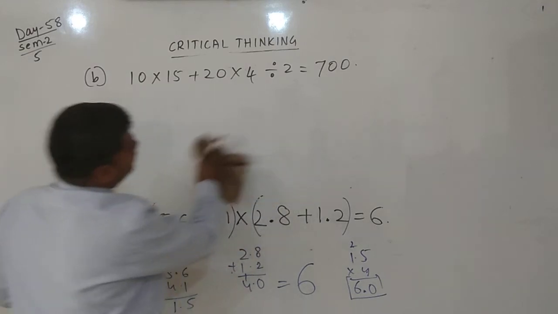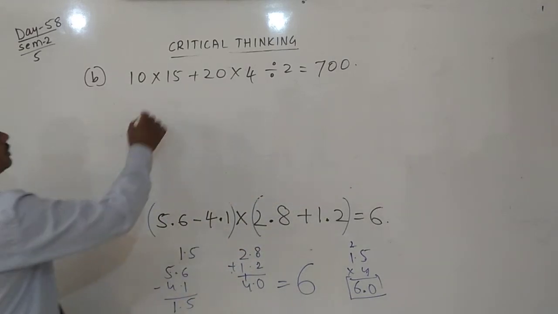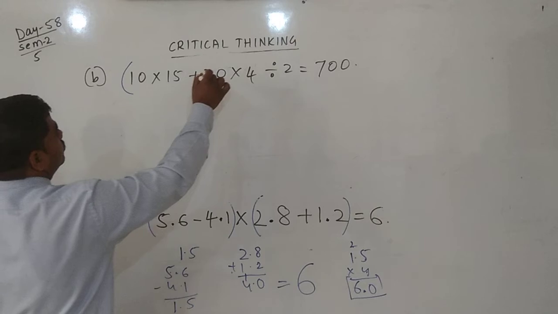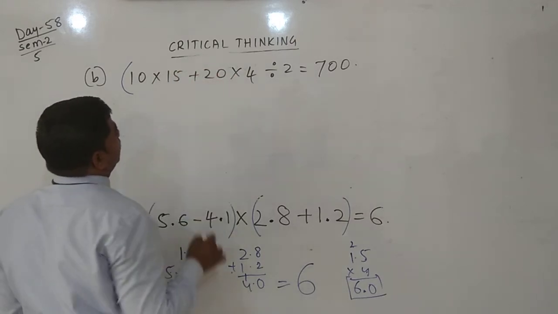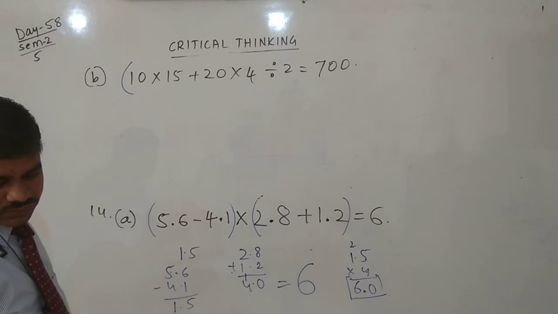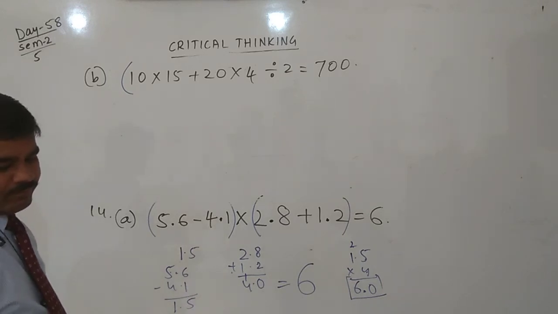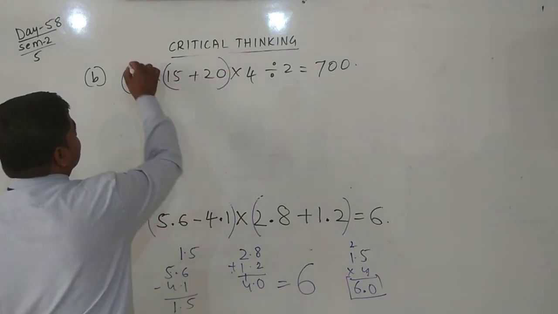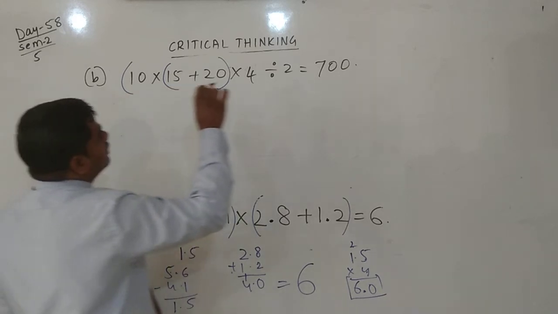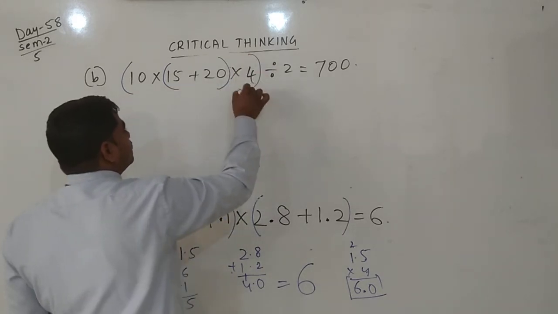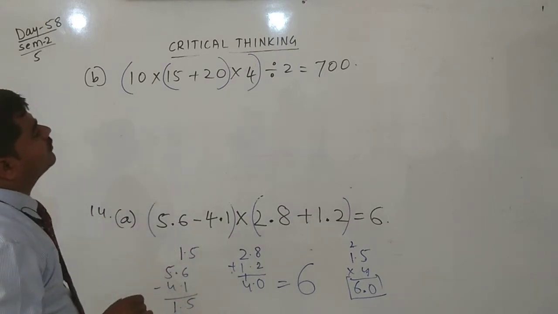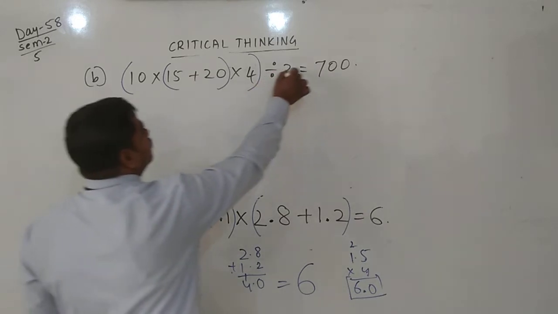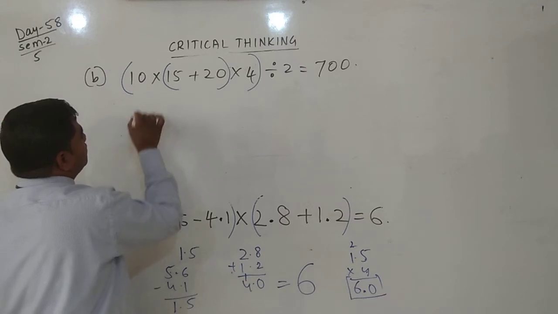Yes, here we can multiply these two. 10 into 15 plus 20, it is 35. 35 tens are 350, into 4. Yes, inside the bracket, 350 into 4 is 1400. 1400 divided by 2 is 700. How will you solve?